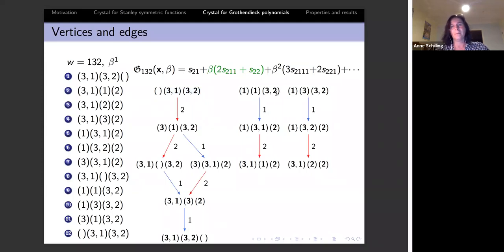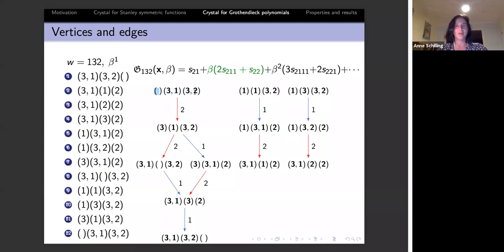And my claim, remember, was that you can read off the Schur expansion by looking at the highest weights. The highest weights are the ones at the top of the graph, the ones with no Fi arrows coming in, or equivalently, the ones that are all killed by the Ei's. Now we just have to look at what is the weight. Well, the weight of this is equal to 2, 2, because remember I read from right to left.